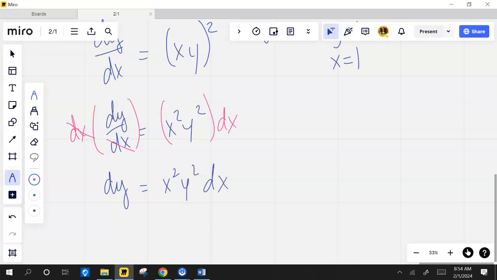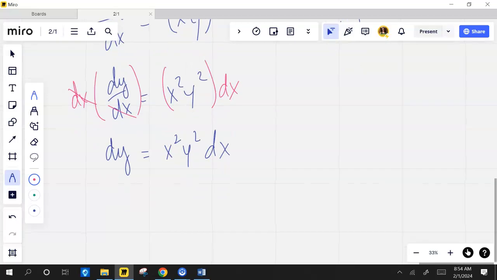Okay, so this is where once we get it separated, and before we didn't have any y's in there too, and so it wasn't quite as hard to get them separated this way. But here, I need to make sure all the y's with dy are on one side, everything else on the other.